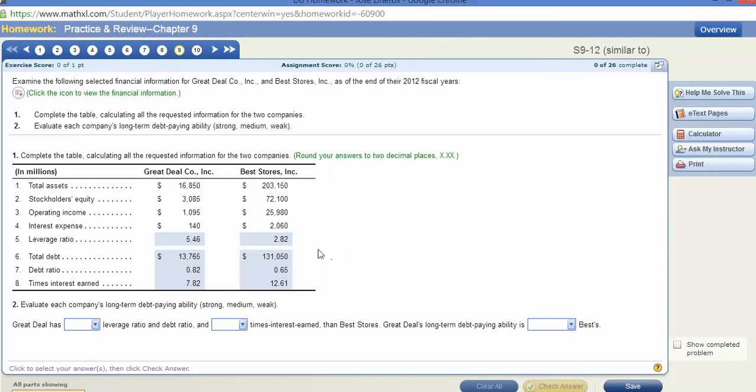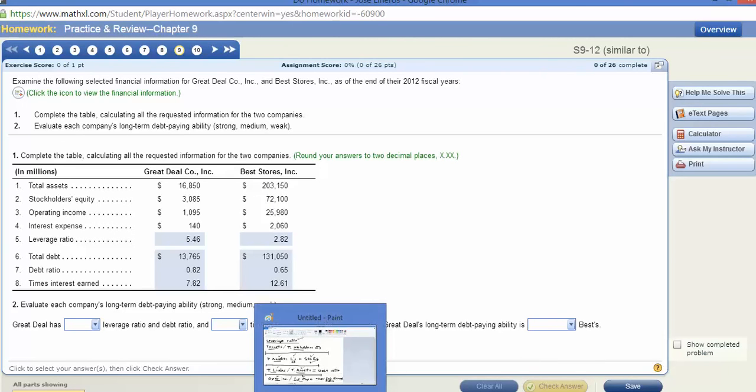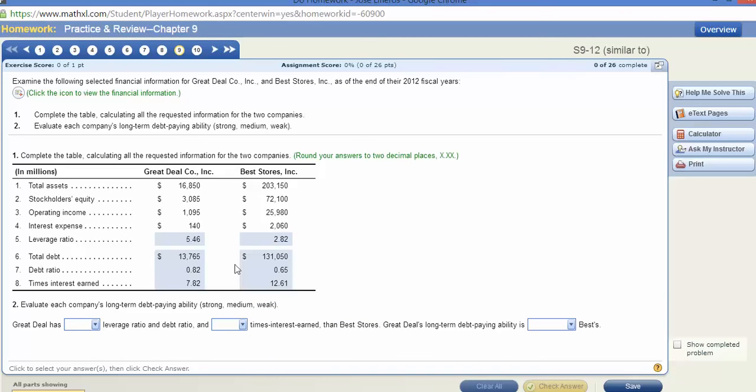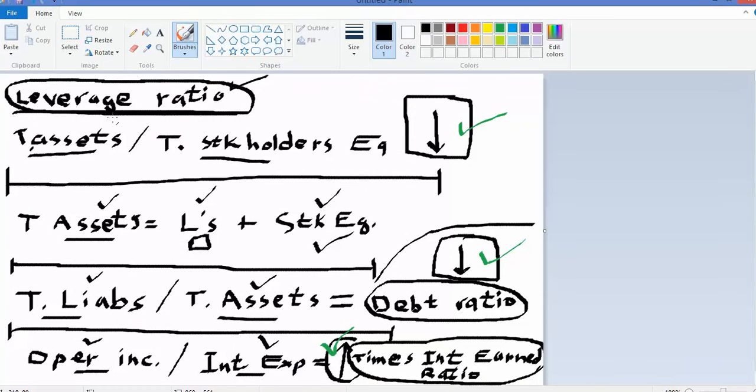Keep in mind the directional benefit of these different ratios. Let me show you what I'm talking about. If you come over here to leverage ratio, one of the things you should keep in mind is you want your leverage ratio to be as low as possible. You ideally want assets to be created by being turned into cash from net income.